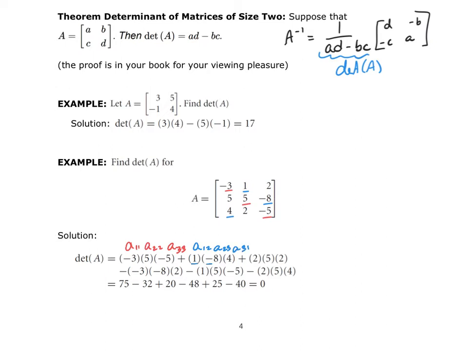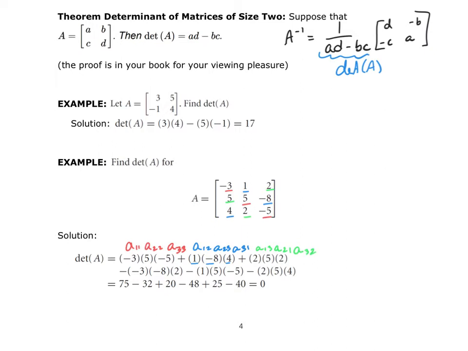And that's where all of these are coming from. And then I have the A13, the A21, and the A32. And I can continue on, and I get all of these numbers.